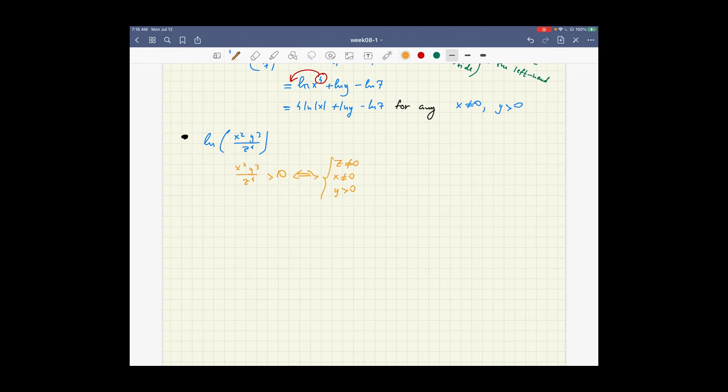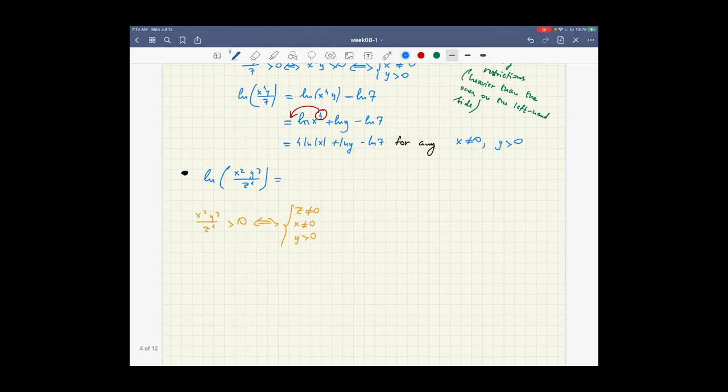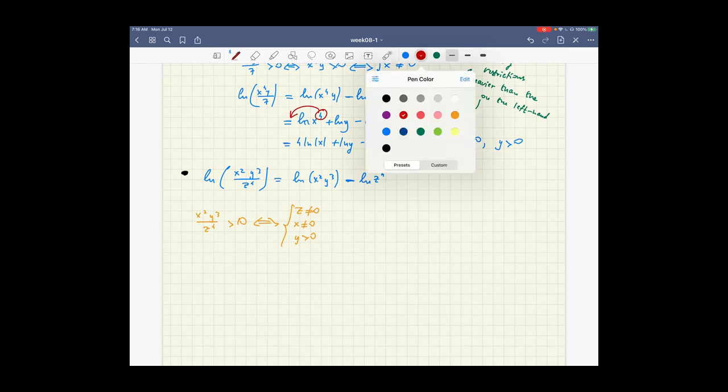So under these assumptions, we can work out the original expression. We can first apply the quotient rule to write that this is ln of x squared y cubed minus ln z to the fourth. That is the quotient rule.